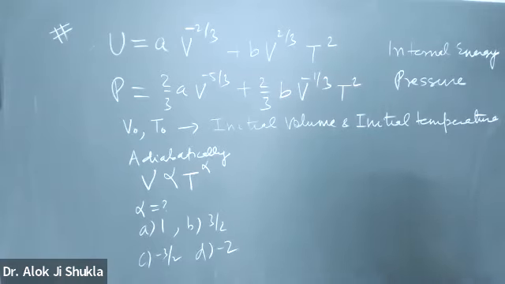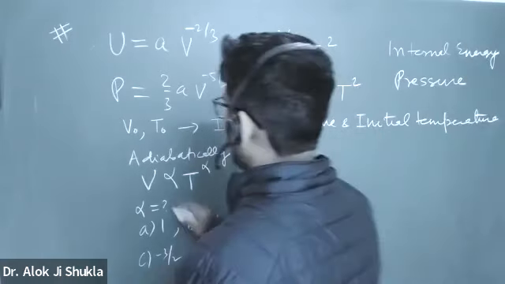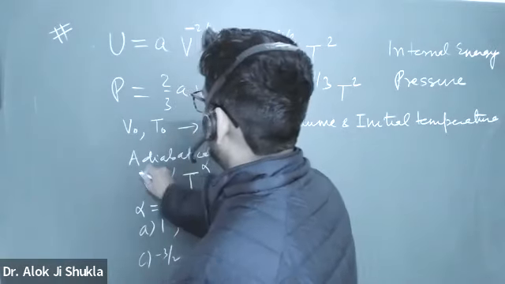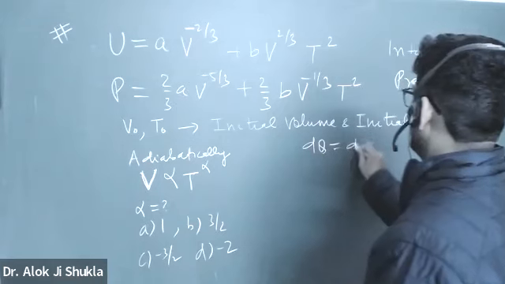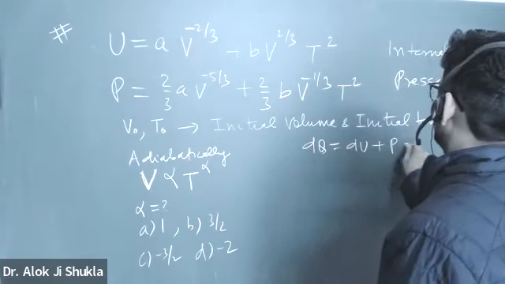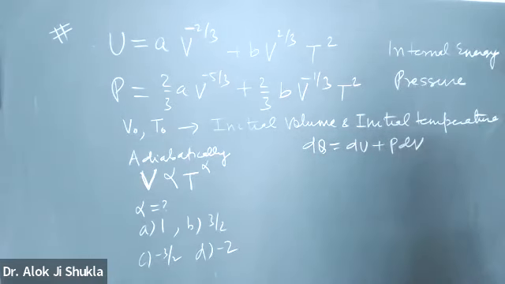So this is the internal energy, this is the pressure, and we have to write the volume for the adiabatic process. So let us write dq is equal to du plus p dv.